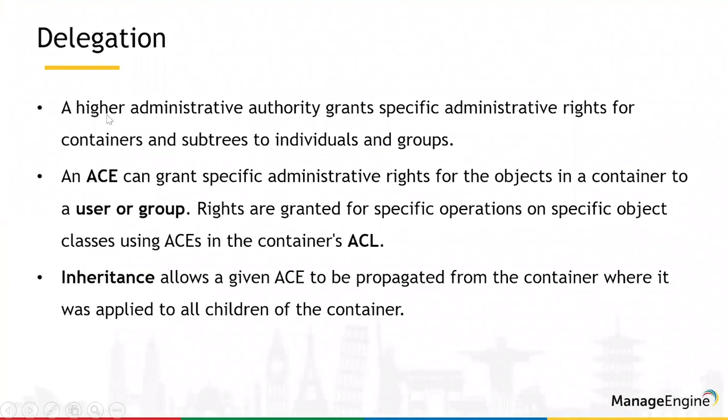So again, a quick recap. A high privilege user is going to be delegating rights to other users or groups for any specific action. And basically it happens with 2 or 3 parameters. One, a user or a group that needs access to do something, let's say for creating users, deleting users, resetting passwords, unlocking accounts, or whatever it is.